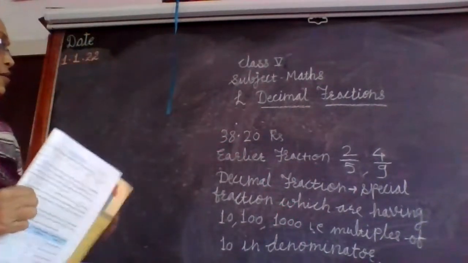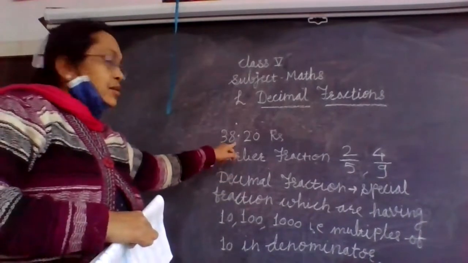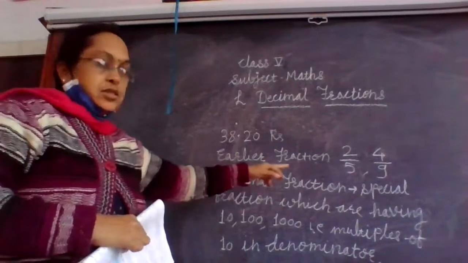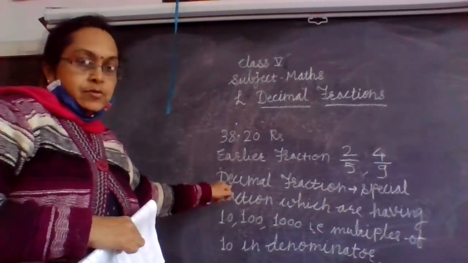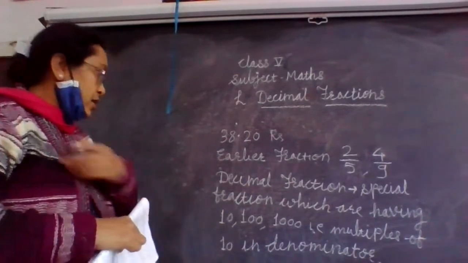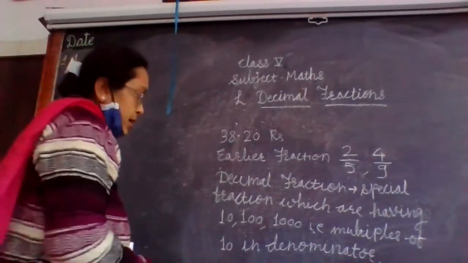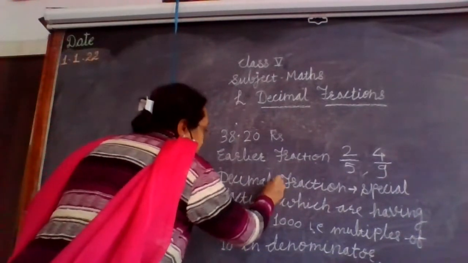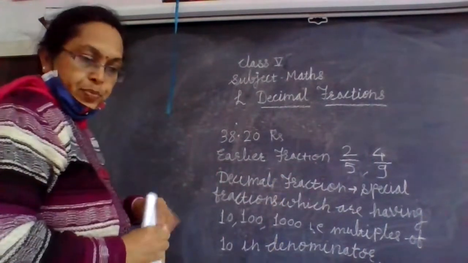So we have seen what is a decimal fraction. Here earlier I have given types of fractions. Now what do you mean by decimal fraction? You have to note down: special fractions which are having 10, 100, 1000, that is multiples of 10, in the denominator. Okay.